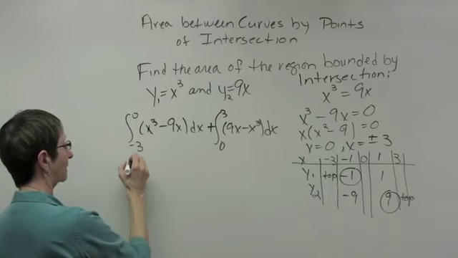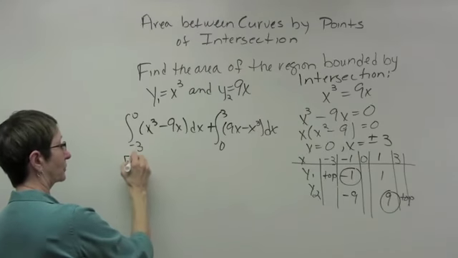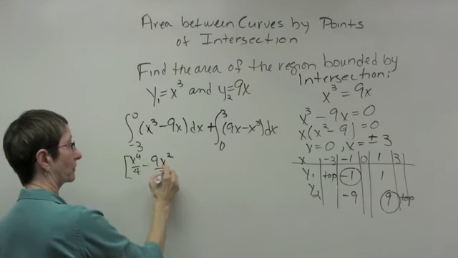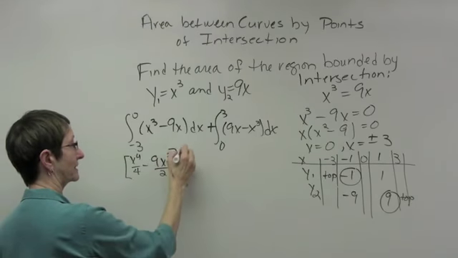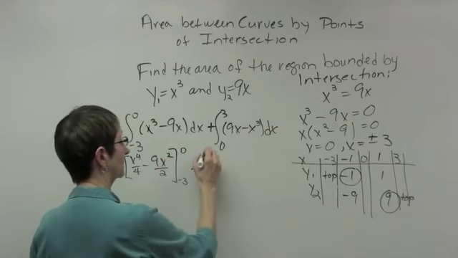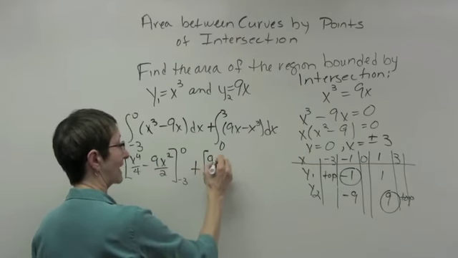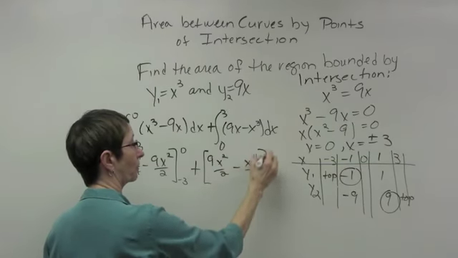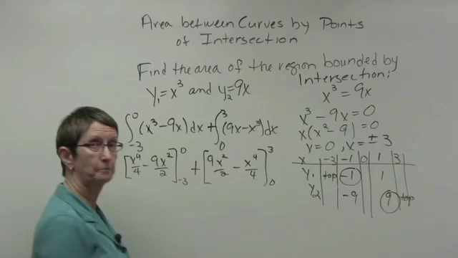The first one, I've got x to the 4th over 4 minus 9x squared over 2 from -3 to 0. Over here, I have 9x squared over 2 minus x to the 4th over 4 from 0 to 3.